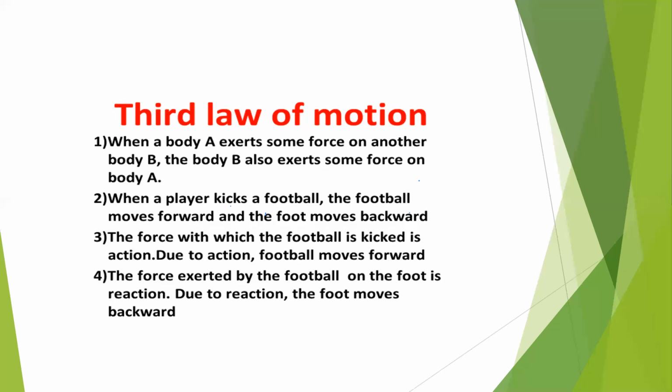But you may ask me, when the apple is falling down, why is there no movement in the earth? Here, students, the mass concept will come. Compared to the apple's mass, the earth's mass is far more. So, no doubt the earth gets attracted, but we don't feel any difference because of the large mass difference. So that is only Newton's third law here.